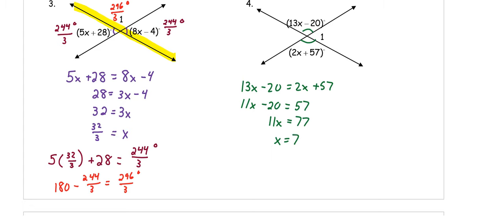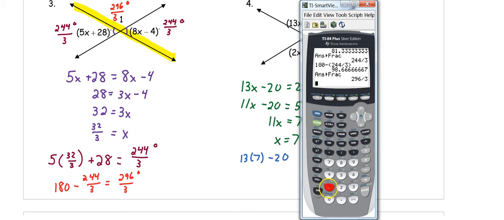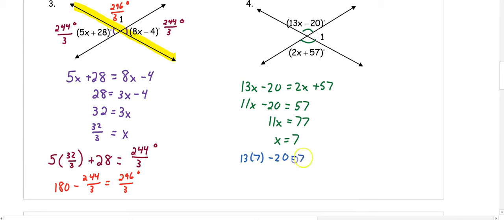So now that I know x is equal to 7, I need to find one of my two angle measurements. So I'm just going to pick the angle on the top, 13 times 7 minus 20. So in my calculator, 13 times 7 minus 20. And I get 71 degrees.